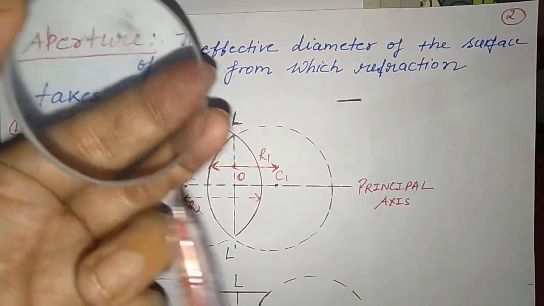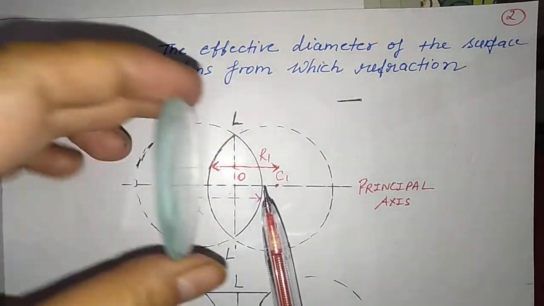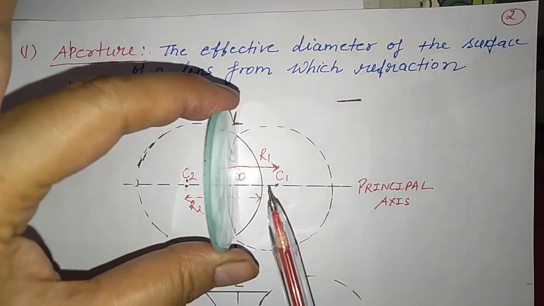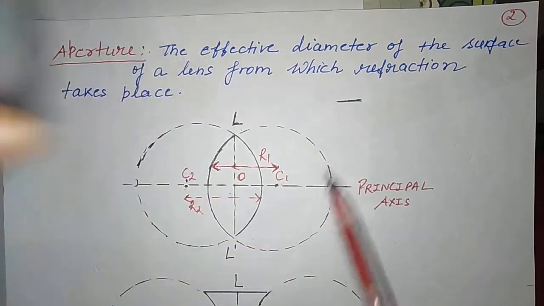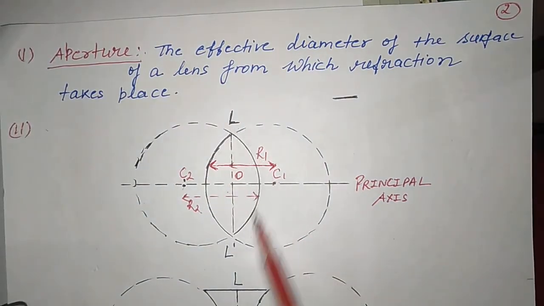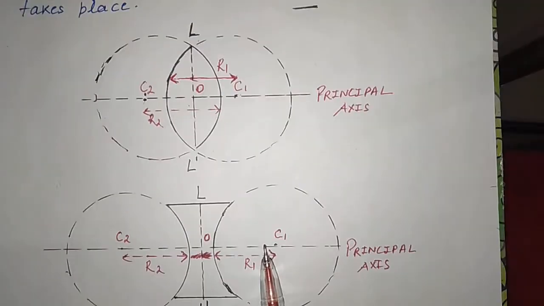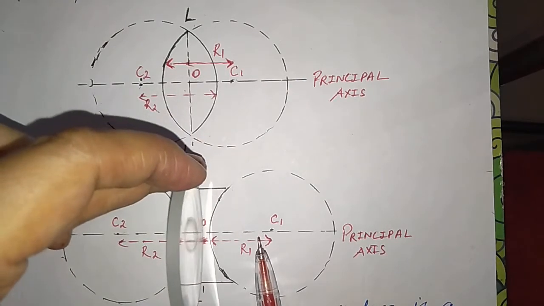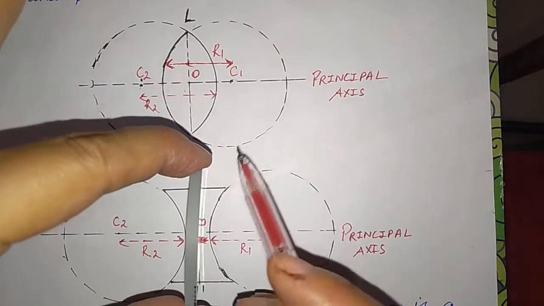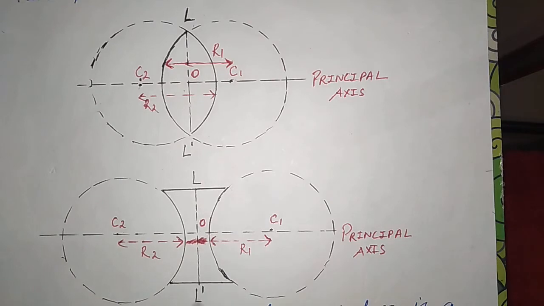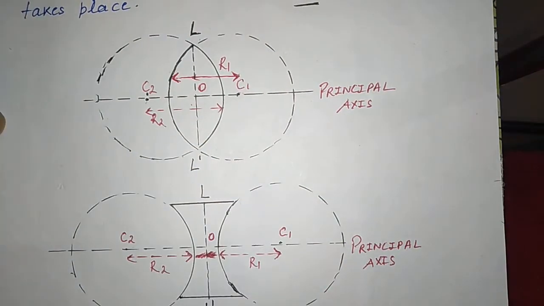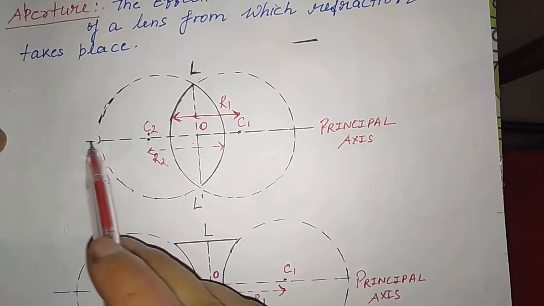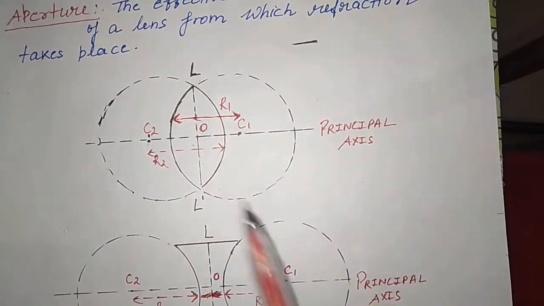If we hold it like this, this is the diameter from this side to this side. Similarly, this is also the diameter of the concave lens, and the diameter is also known as the aperture.